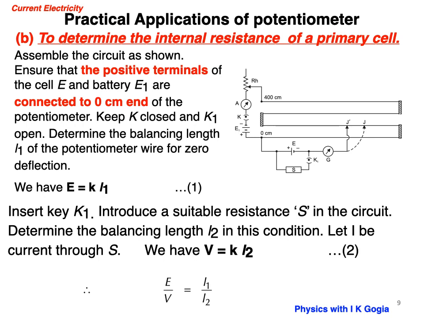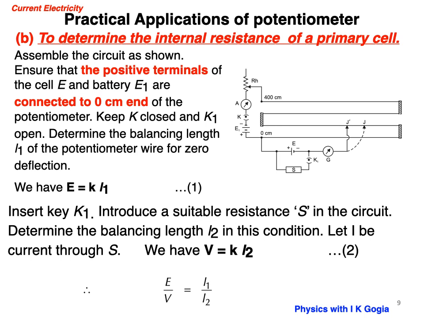K is the main circuit key and K1 is the key in the shunt resistance box circuit. So K1 should be kept open and record the balancing length. Balancing length means again no current drawn from the cell. So you are measuring EMF equal to KL1.